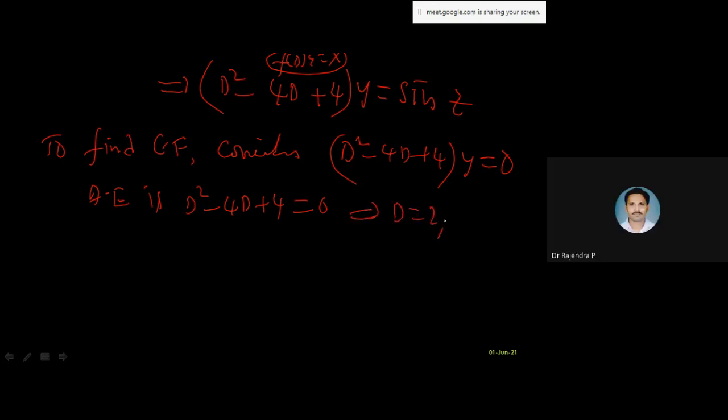D equal to 2 and 2. Okay, the roots are repeated, no problem. So when roots are repeated, what is your complementary function? C1 plus C2, yes, tell me here. Z. Very good, Z. Keep in mind, usually with our habit we may write X, but here we are solving for Z: C1 plus C2 Z into e power 2Z.